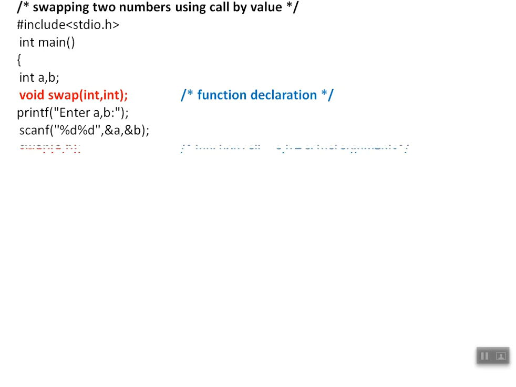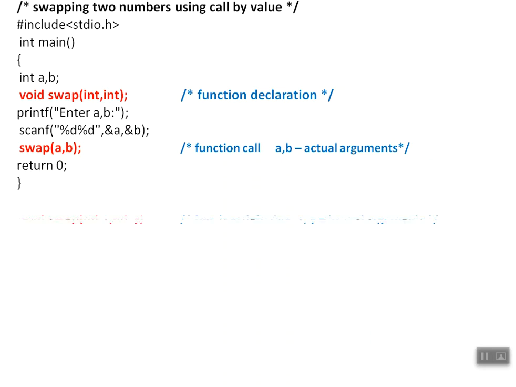And we are reading values for a and b, and I'm going to call the function called swap. So swap of a comma b will call the function, right? And I'm going to close the main with return 0. So how to define the function? Yes, return type, function name, then argument list, right? So void swap of int x comma y.